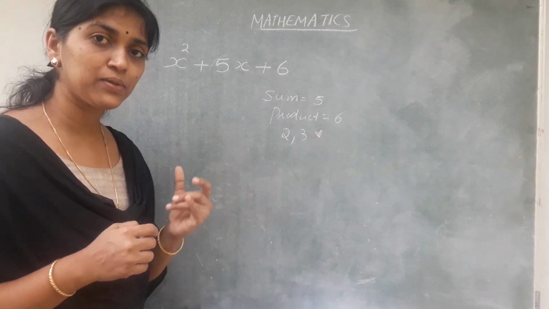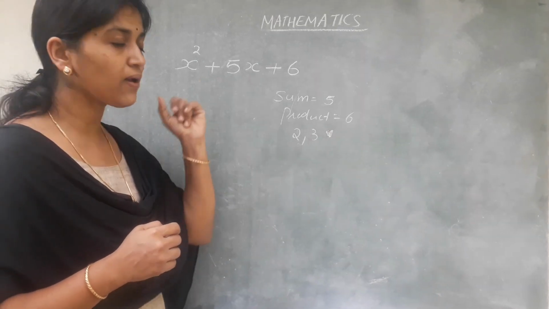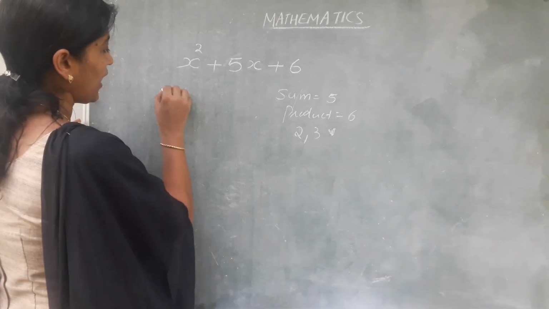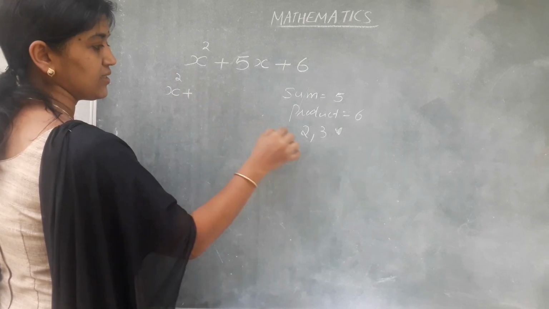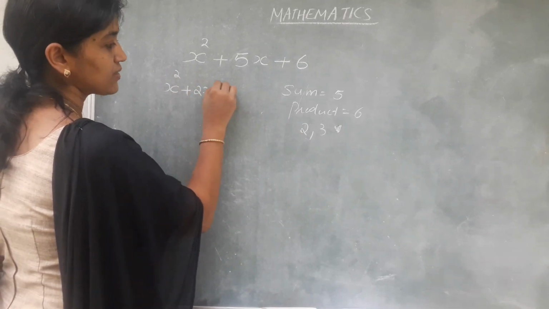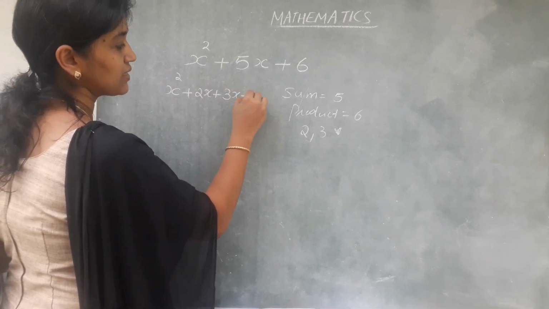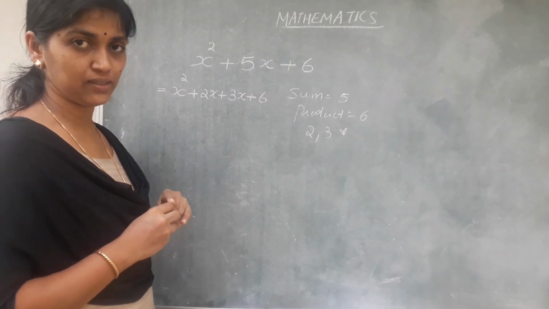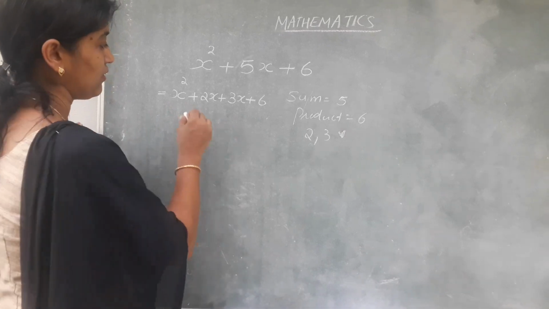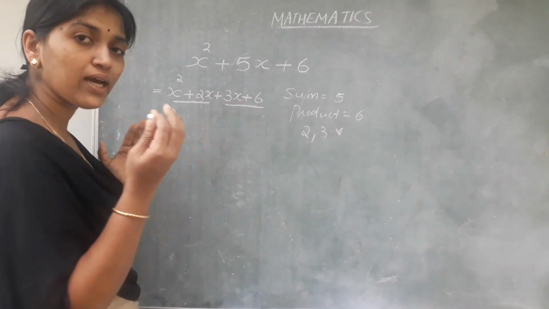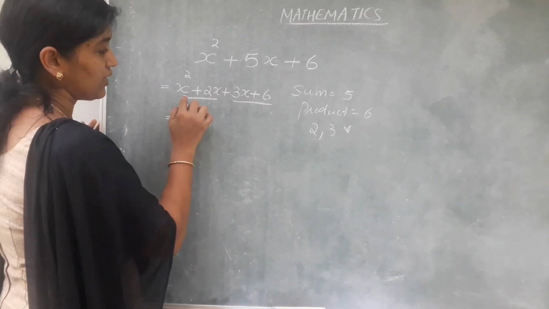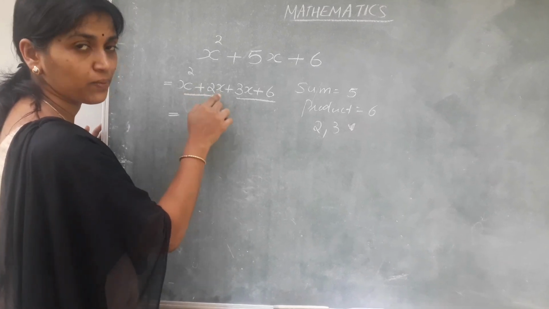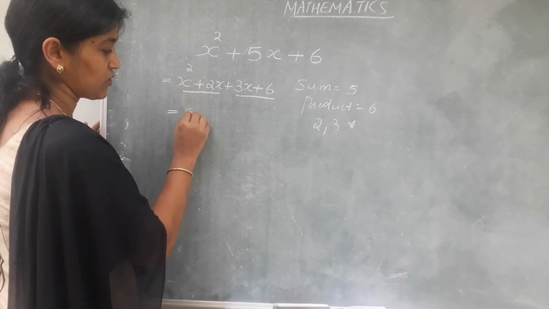Using these numbers 2 and 3, we will split the middle term. So x square plus 2x plus 3x plus 6. Then what is the next step? We will pair and take the common outside. In the first pair, x is common. Take x outside.